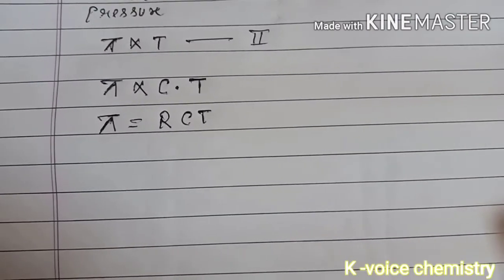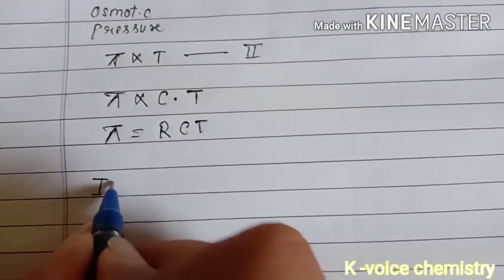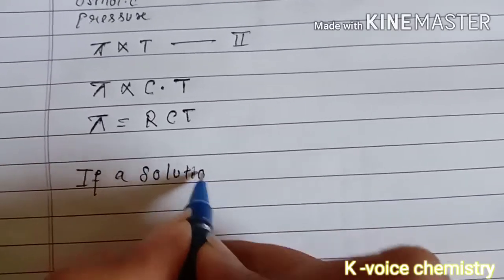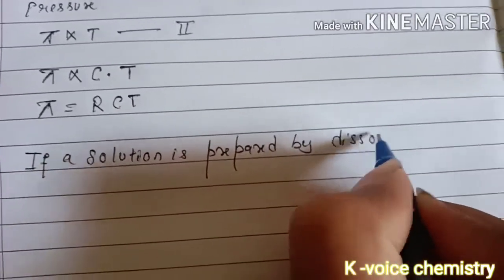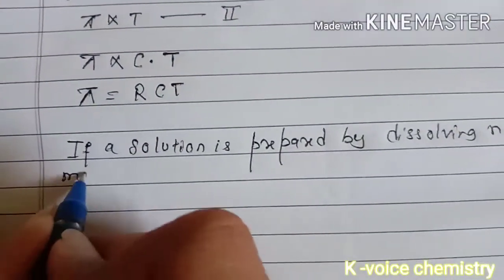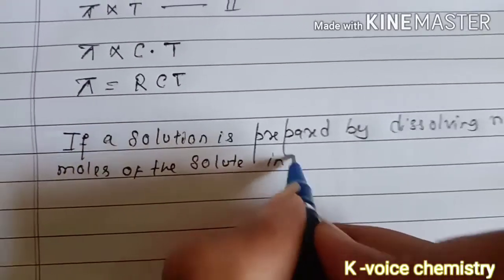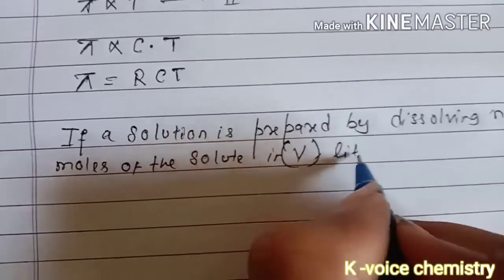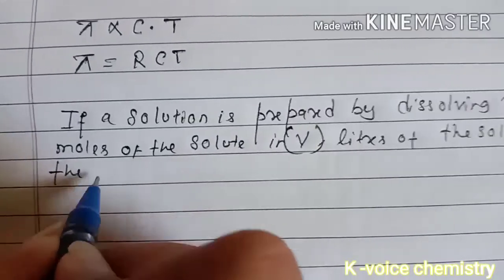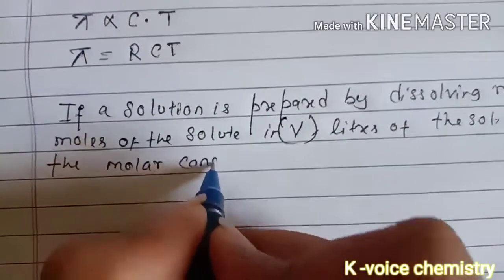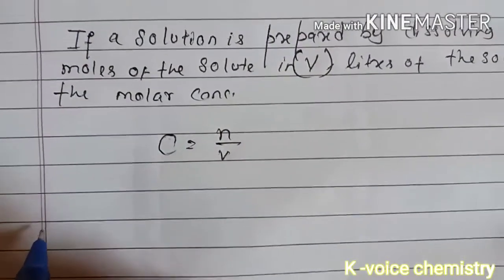Now, if a solution is prepared by dissolving n moles of the solute in V liters of the solution, the molar concentration would be C equals n by V. I hope that I am clear here, moles per liter.